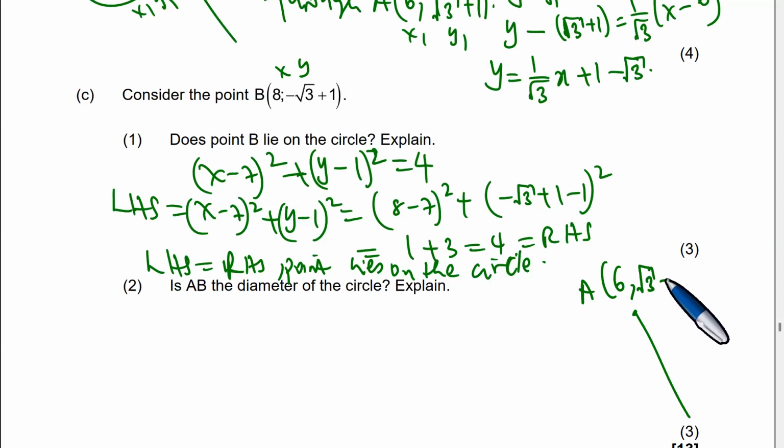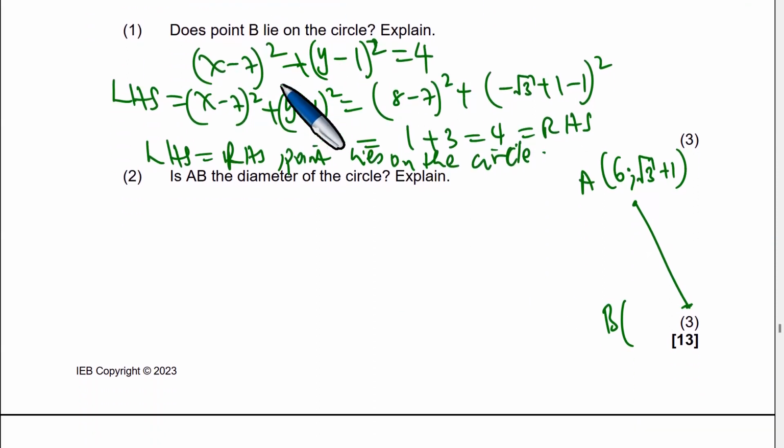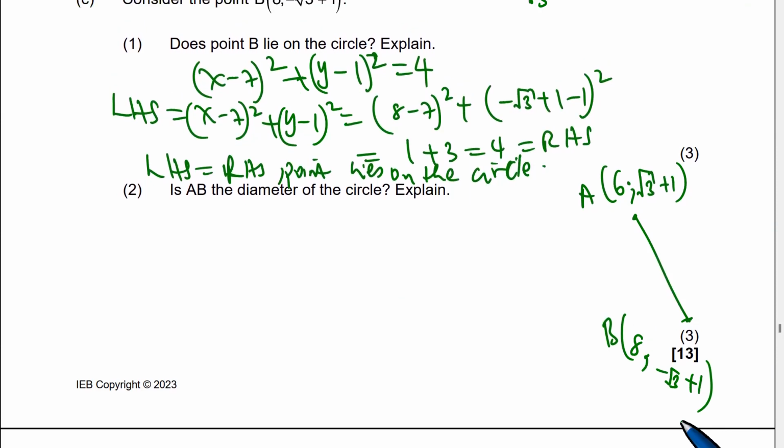You have the point B. Okay. The point B has 8 and minus the square root of 3 plus 1. Right.